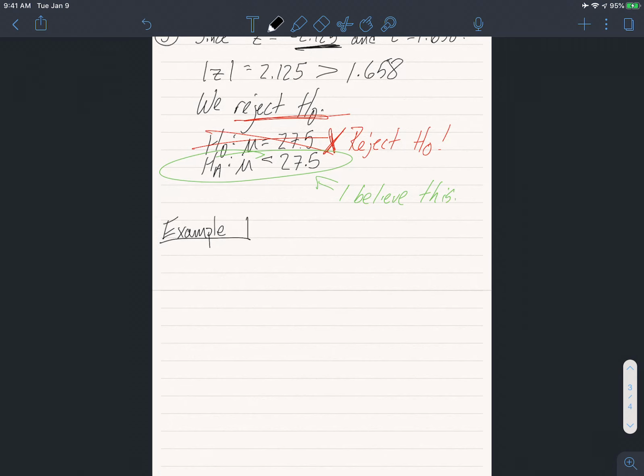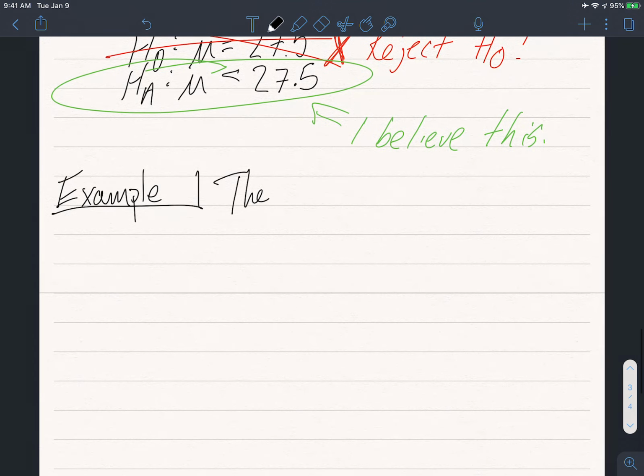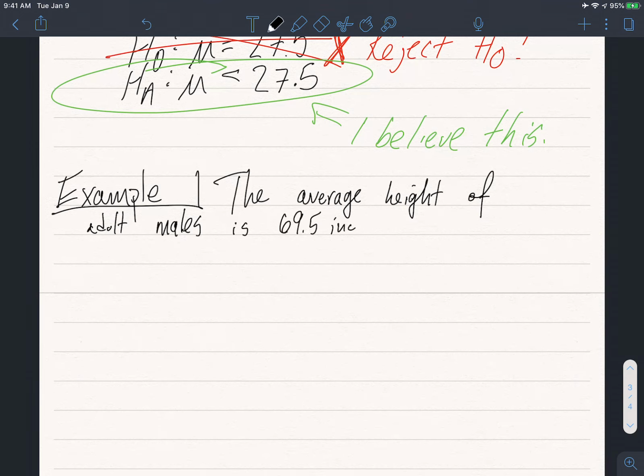We're going to use average heights. The average height of adult males is 69.5 inches.